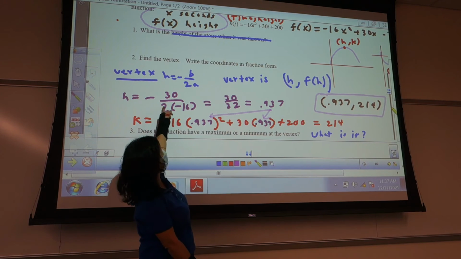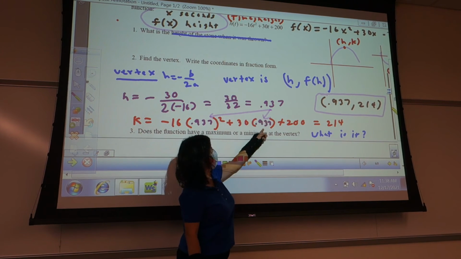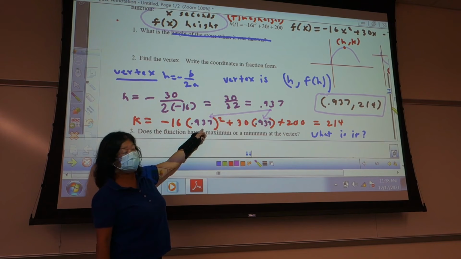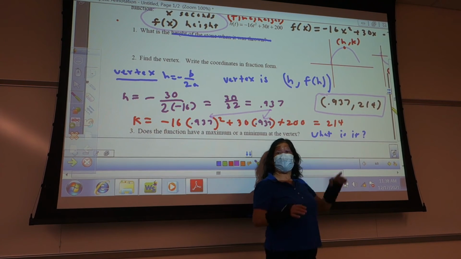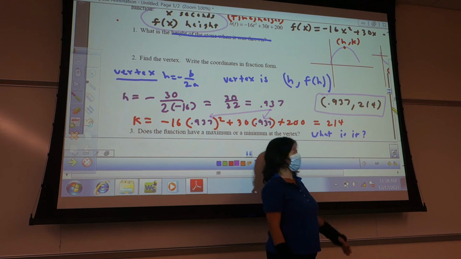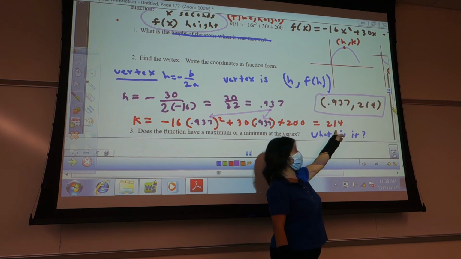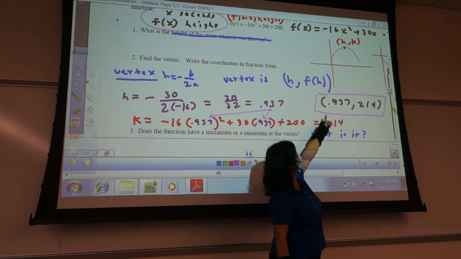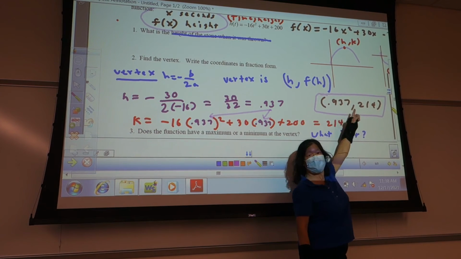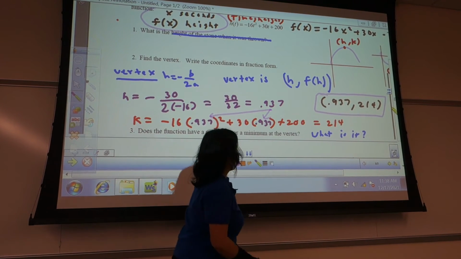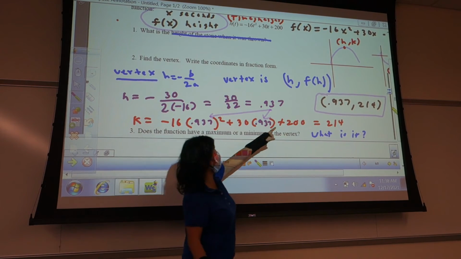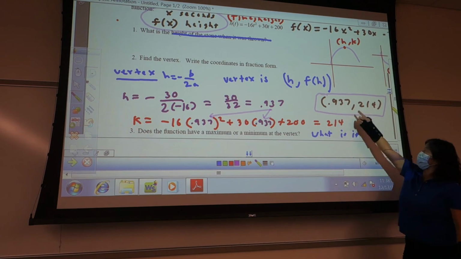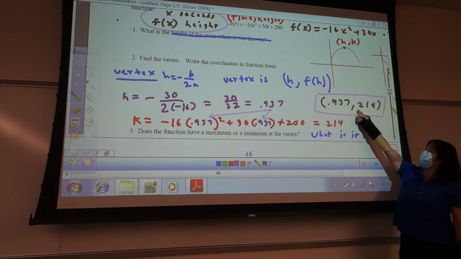That something is my h. I take my h and put it in for x. We want 3 sig figs in general: 1, 2, 3. The zeros don't count. That's not everything though. You have to write it out as a point. This is the vertex, h comma k.